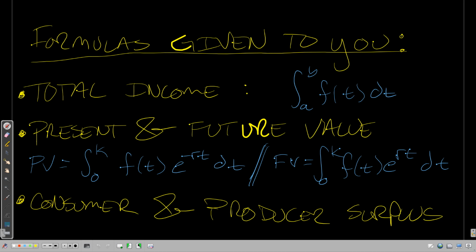There are formulas that are given to you at the top of the exam, so you don't need to memorize them. These formulas are given to you. I do use a different formula for future value than what is given.